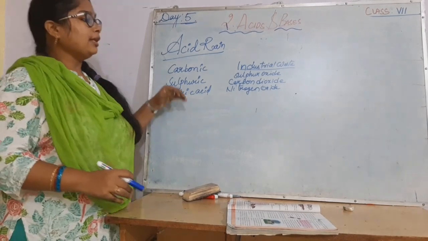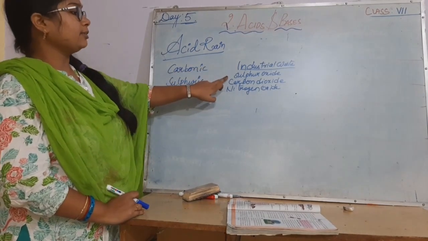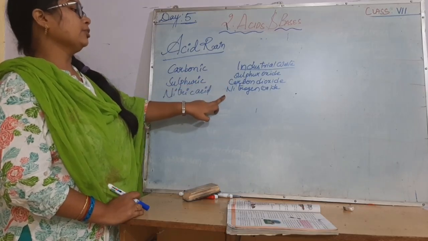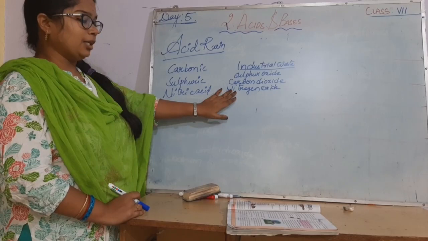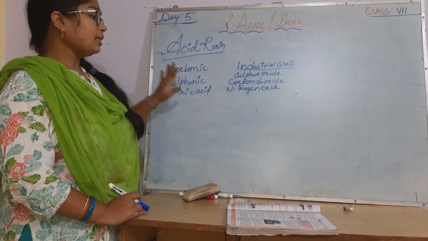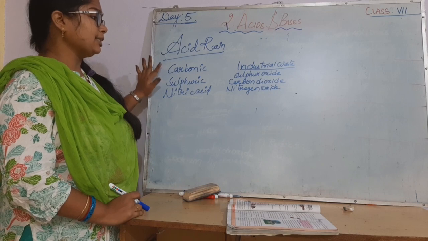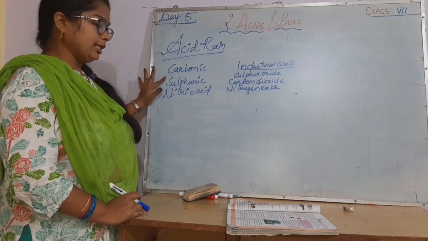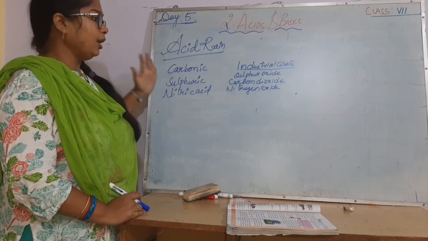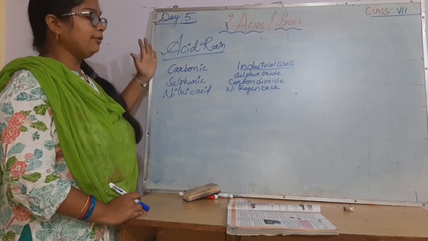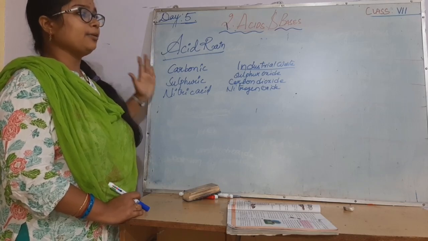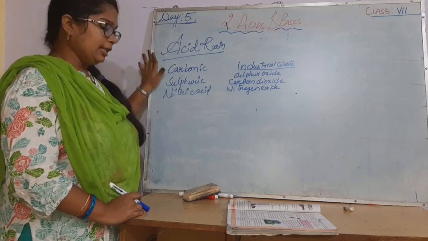But see, the industrial waste consists of sulfur oxide, carbon dioxide and nitrogen oxide. They combine with the water in the atmosphere, so they are going to form acids, that is carbonic acid, sulfuric acid and nitric acid. From those we are going to get rain, and that rain damages the buildings and all. It is very, very dangerous.